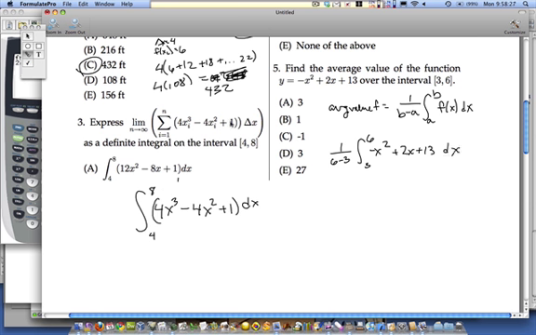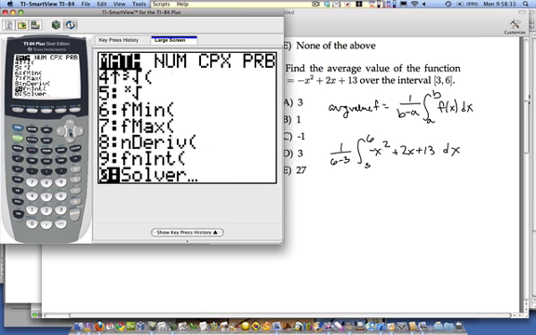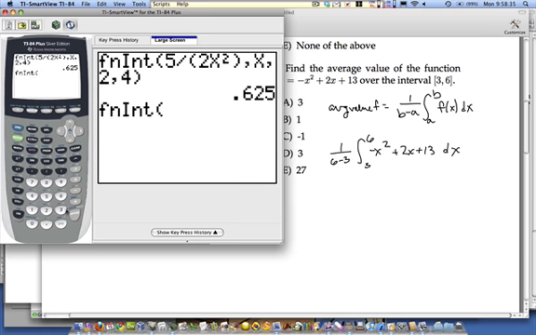So let me go ahead and use the calculator and I'll figure out that integral real quick. So math fn int, negative x squared plus 2x plus 13, okay, with respect to x from 3 to 6.